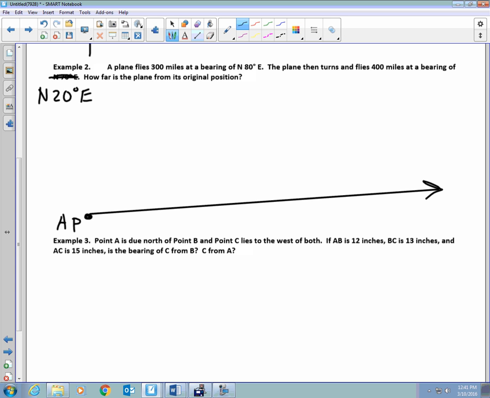So at some point, the plane turns north. After how many miles does it turn towards the north? 300 miles, it then turns towards the north. So now it turns not straight north, but at north 20 degrees east. Tell me when I'm at north 20 degrees east.